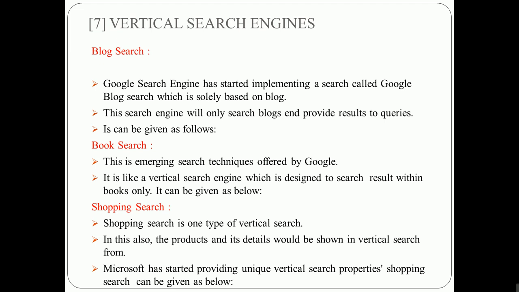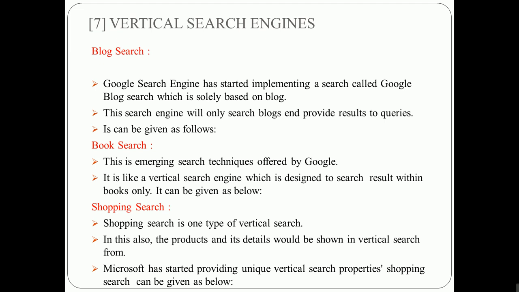Shopping search is one type of vertical search. Shopping is also providing a vertical search result to the user. The product and its detail would be shown in a vertical search form.